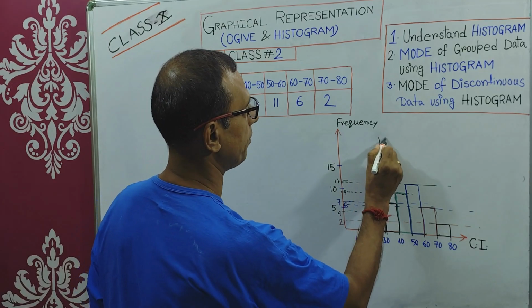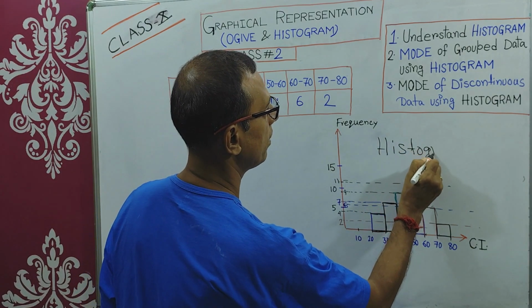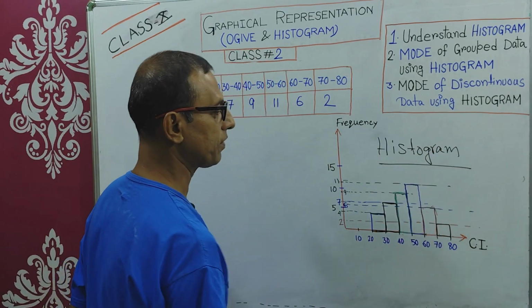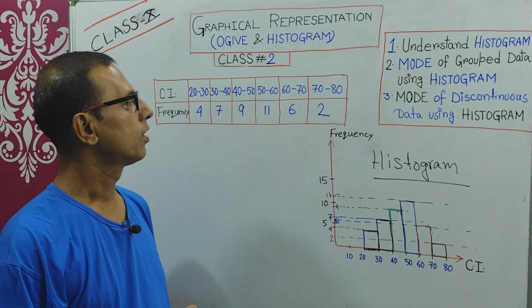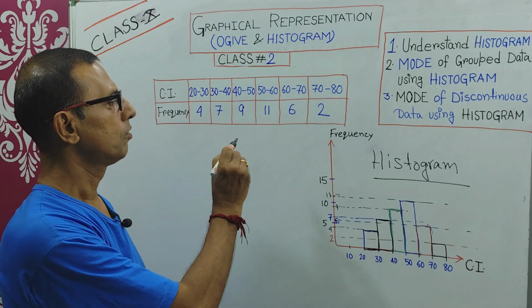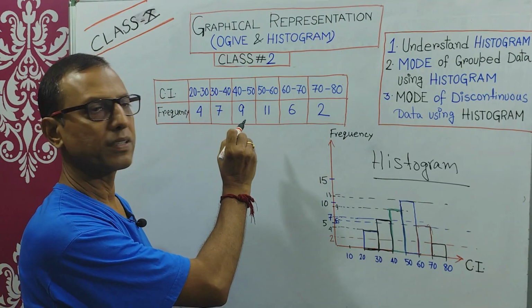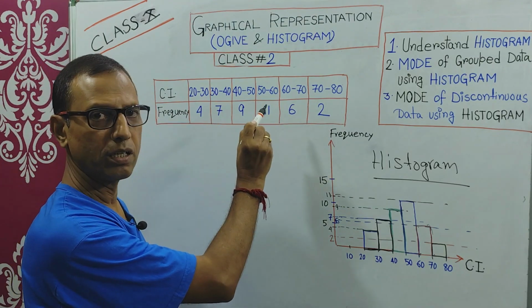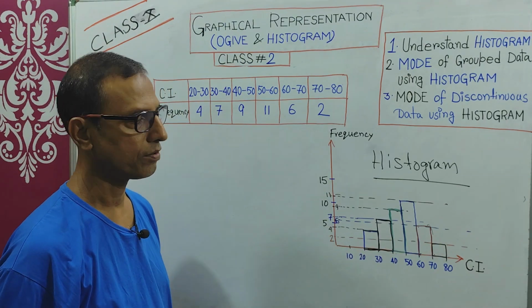Both ways it can be. So this is what a histogram looks like for continuous data, and it is used to give the graphical representation of a continuous data set. So now you have understood what a histogram is, and how you can represent any continuous data set or grouped data versus frequency graphically.